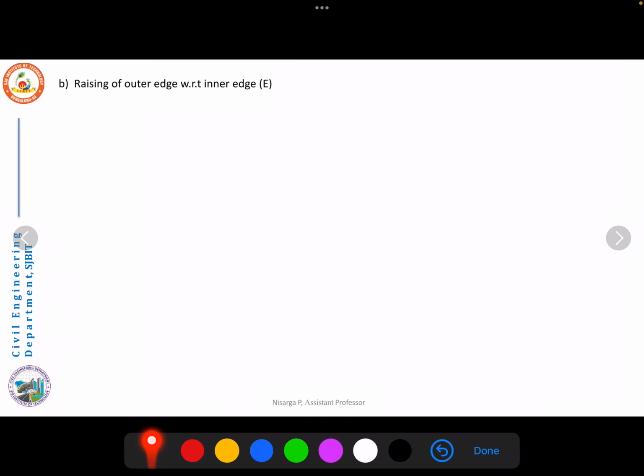In the second step, we have to find the raise of the outer edge with respect to the inner edge. So now we know that tan theta is equal to e, and at small angles tan theta will be approximately equal to sin theta. Sin theta is nothing but the opposite side divided by the hypotenuse, that is E divided by B. Hence we have to find the capital E value.